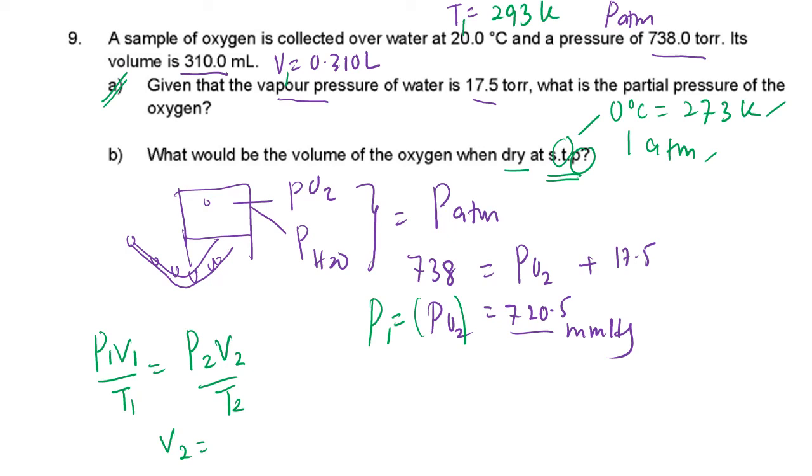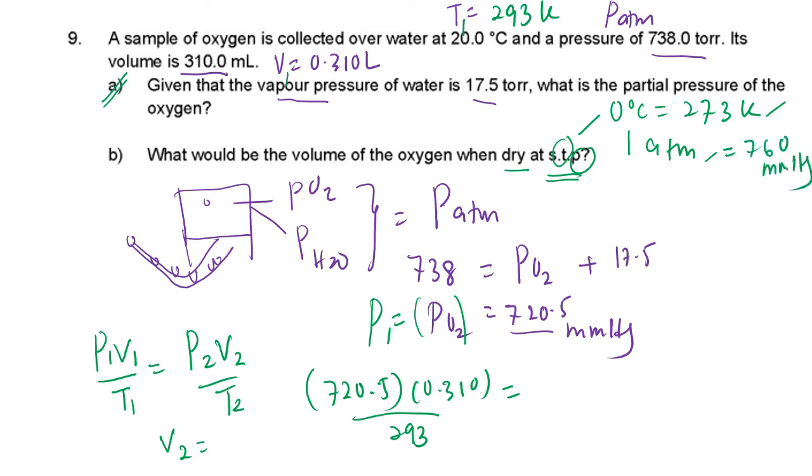We substitute P1, which is 720.5, V1 is 0.310 liter, over T1 293 Kelvin, equals P2, which is 1 atm. 1 atm is 760 mmHg, so this one is 760.